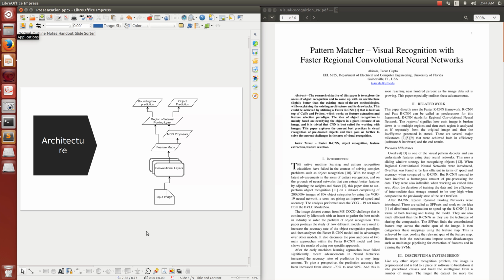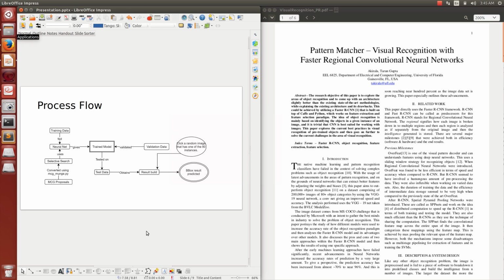The overlapped proposals of the MCG and the extracted feature map are combined together in a region of interest pooling layer, which predicts two outputs for our project: bounding box predictions and object predictions. The object prediction means the actual object, whether it's a dog, a human, or a chair, etc. The bounding box predictions are the rectangular coordinates, x1, y1 for the bottom left and x2, y2 for the top right corner.